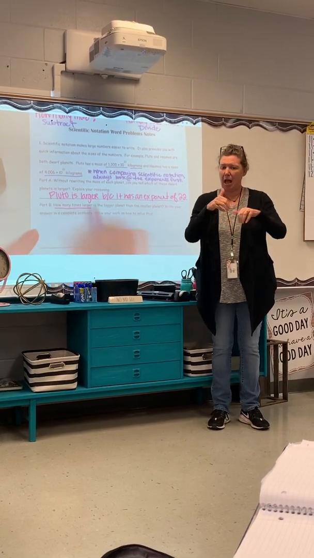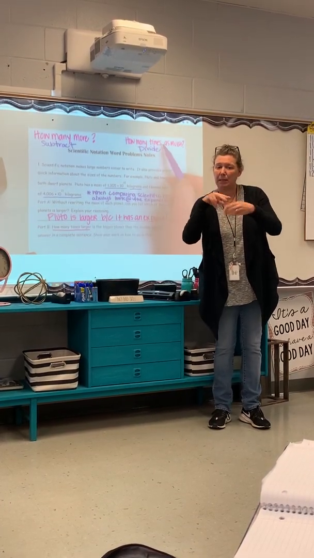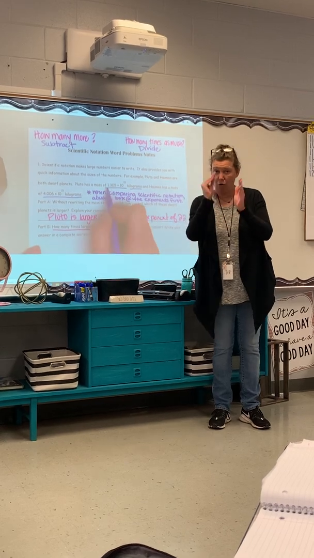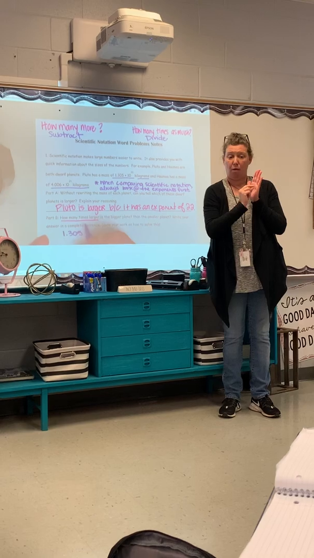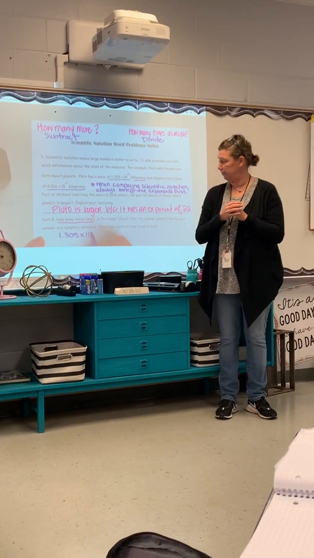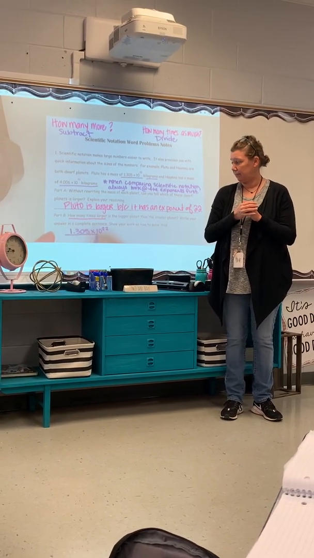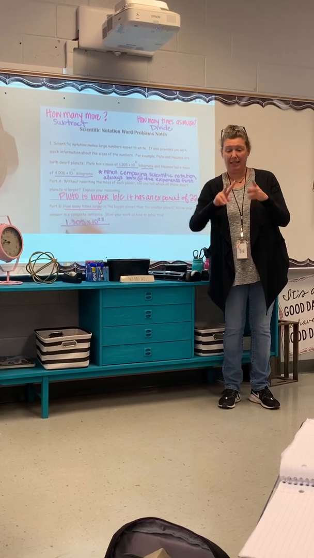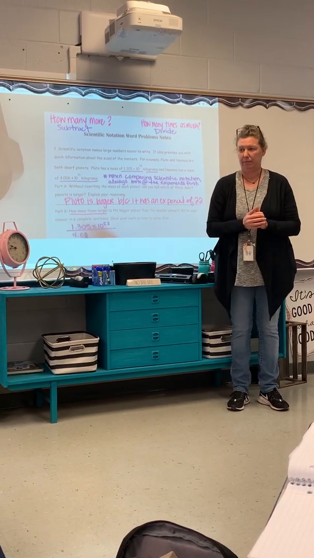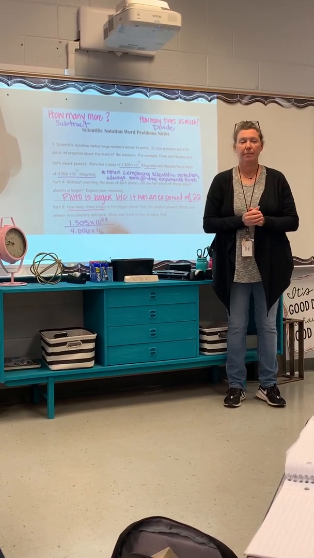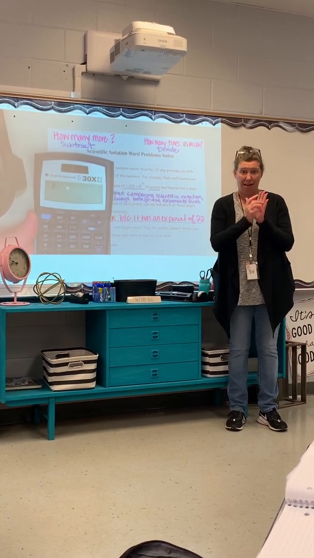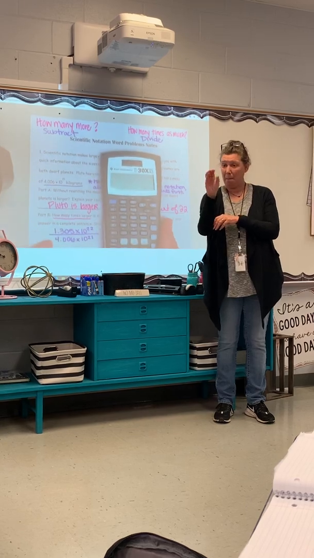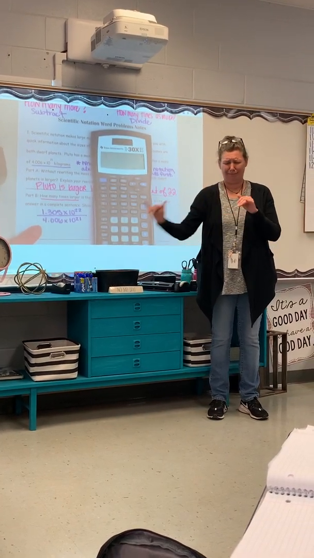How many times? That means to divide. We wrote that at the top. So I'm going to write out the first planet, divide that by the smaller planet. And then in your calculator, if you're in scientific mode, you can just type this problem in exactly as it appears and you'll know your answer.